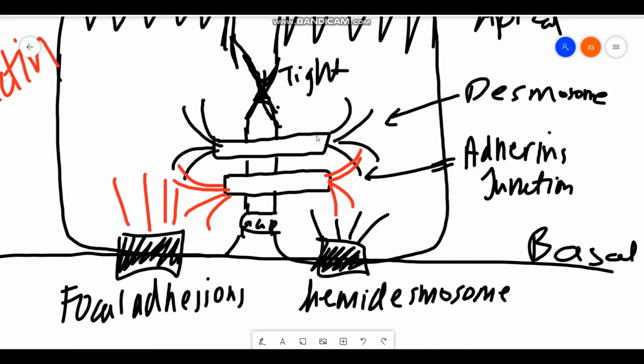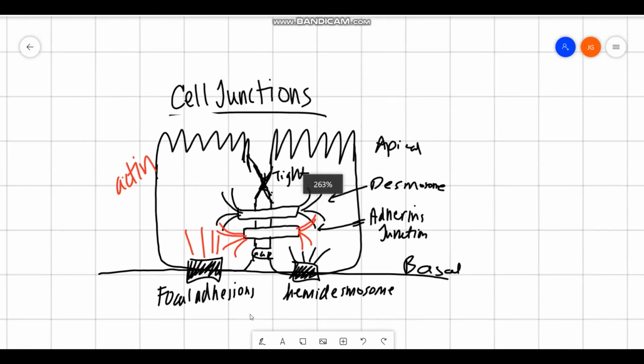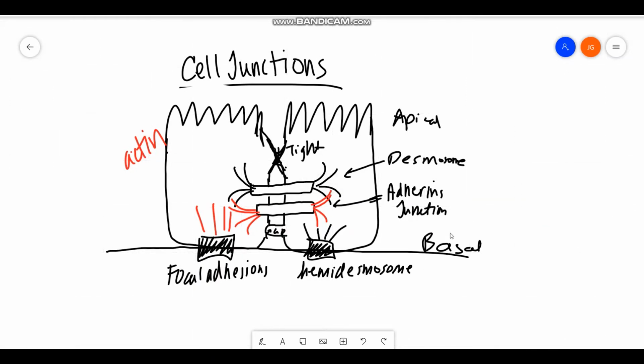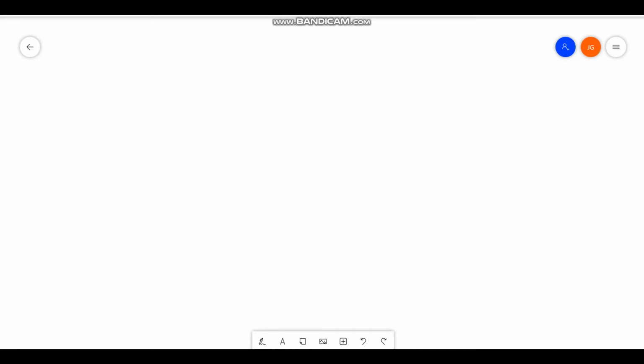Your hemidesmosome, like your desmosome, is attached to your intermediate filament, and your focal adhesion, just like your adherens junction, is attached to an actin element. So this is a general summary of the main cell junctions. Now we're going to delve a little bit more deeply into each of these different junctions. Okay, so let's start with probably the most complicated of the cell junctions, your anchoring junctions.